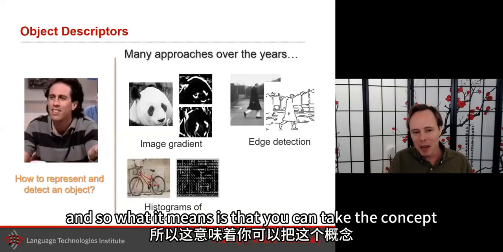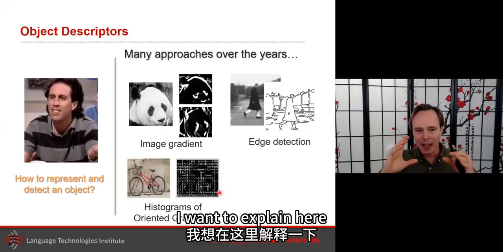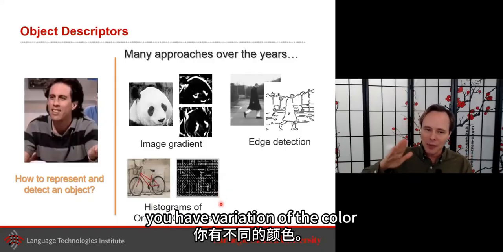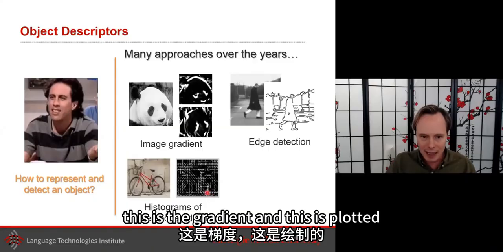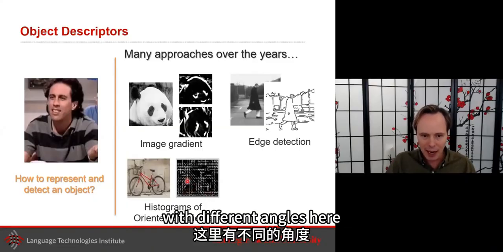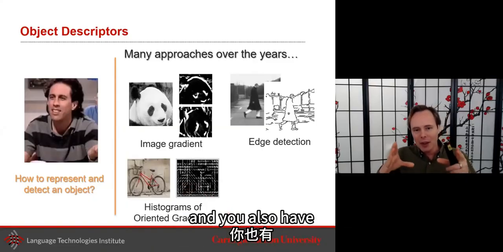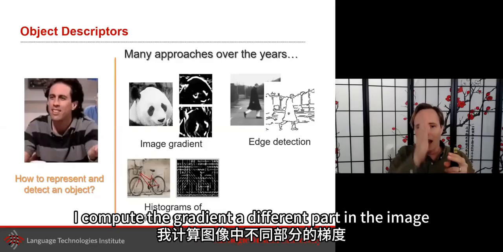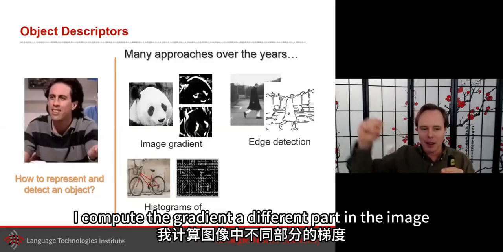The concept I want to explain here is that you have a mix of two things. You have variation of the color, which is the gradient, plotted with different angles here. And you also have spatial information, because I compute the gradient at different parts in the image.